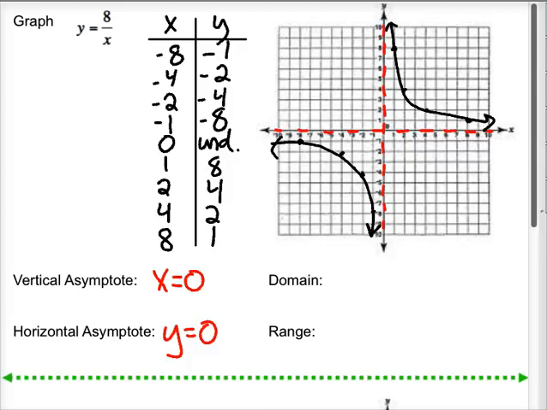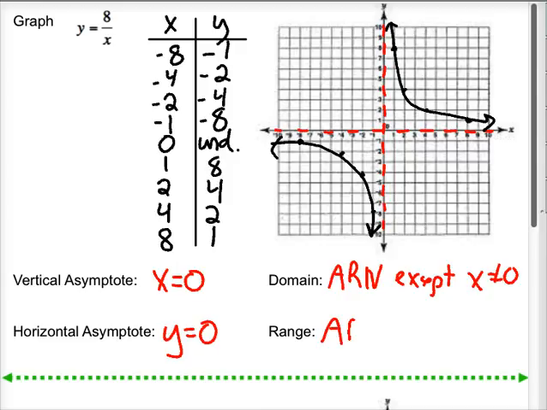Okay, so there's my basic shape, all right? Now, remember, the domain is going to be all real numbers except where that vertical asymptote is. So in this case, x can't be 0.